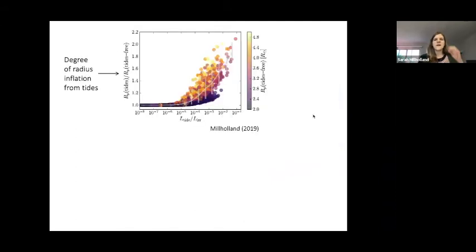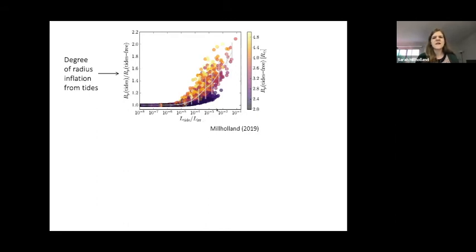Okay, so with all that set up, the main result here was to quantify how much tides affect the radius of these planets. On the y-axis, I'm plotting the degree of radius inflation: the radius that we get when we include tidal heating in the model of the planet compared to the radius that we get if we ignore tidal heating. And I'm plotting this as a function of the ratio of the tidal luminosity with respect to the incident stellar luminosity.